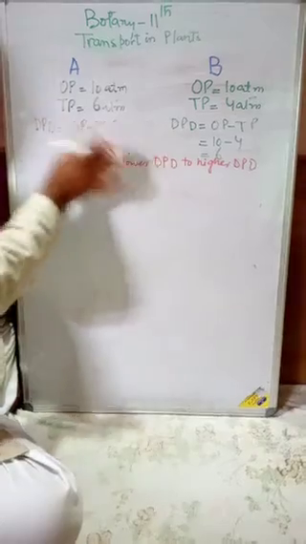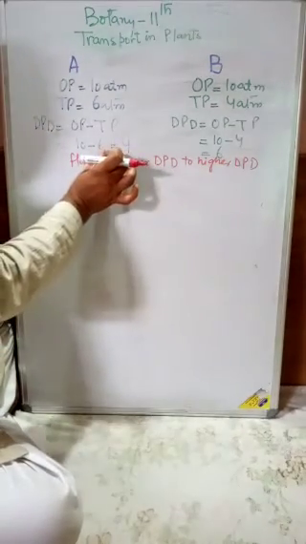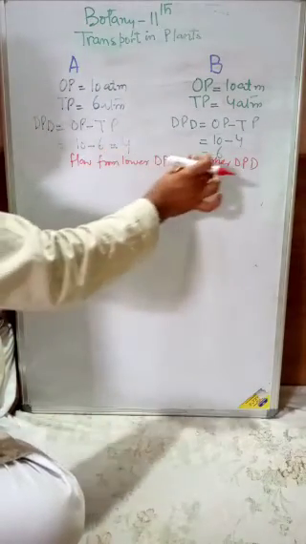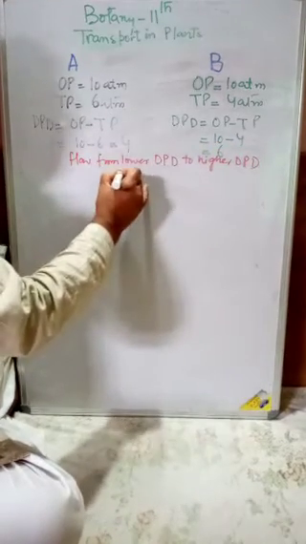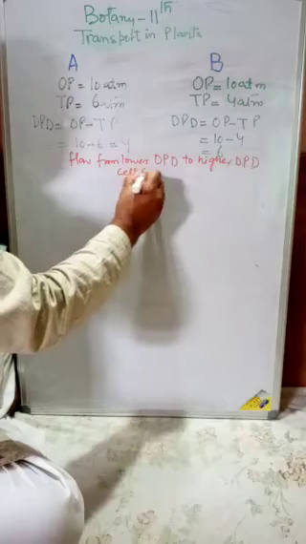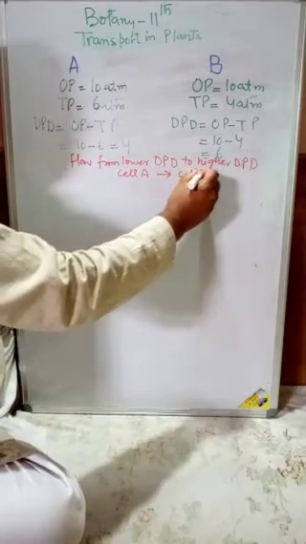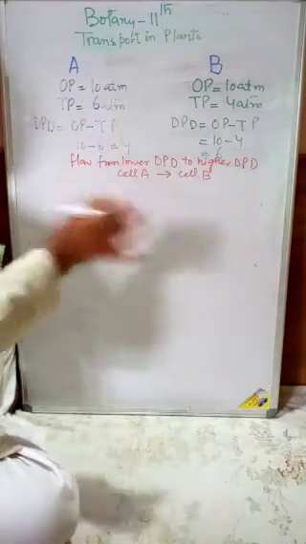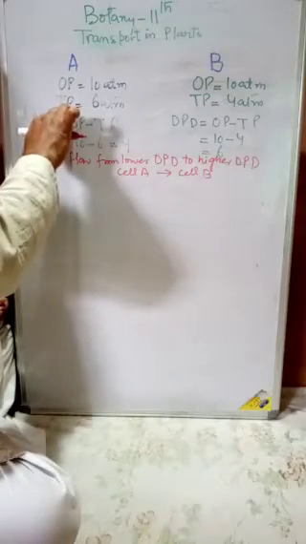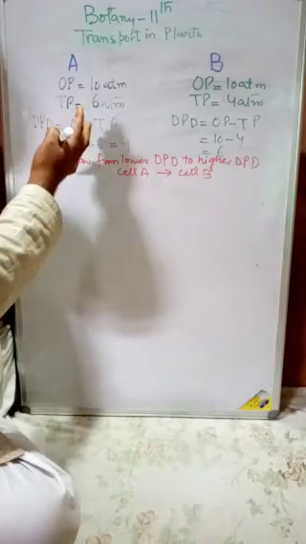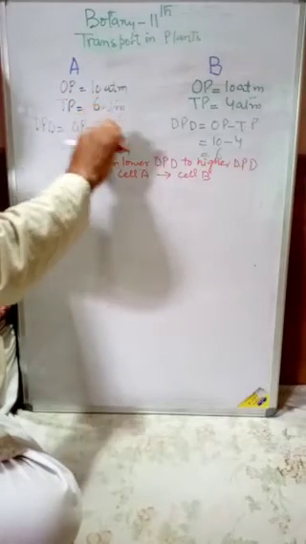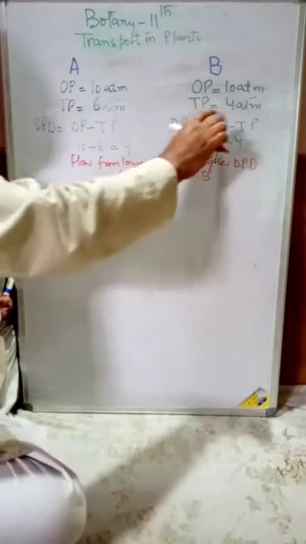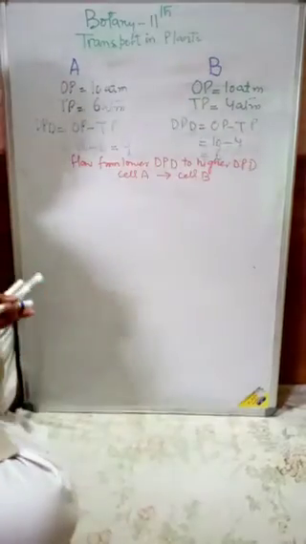Now in case of cell A, it has got lower DPD, and this cell B has got higher DPD. So water will flow from cell A towards cell B. Now cross check: where turgor pressure is higher, the water potential will be higher. That means the water will flow from higher water potential to the lower water potential.